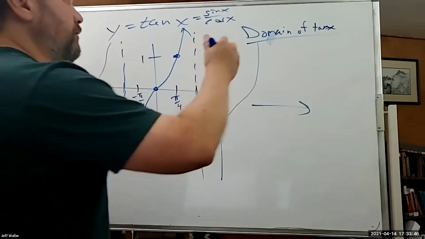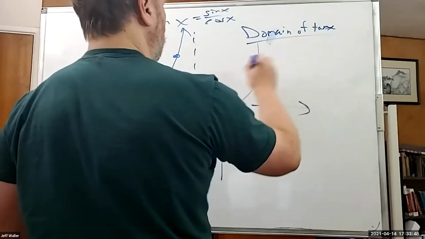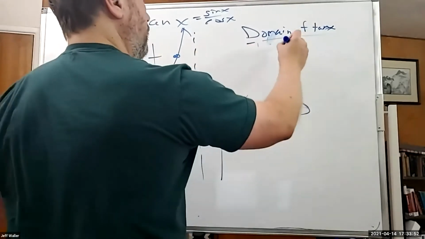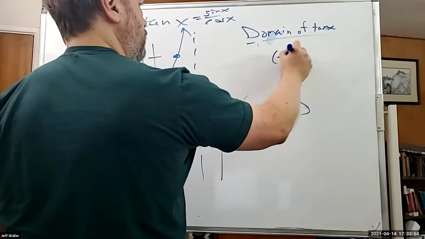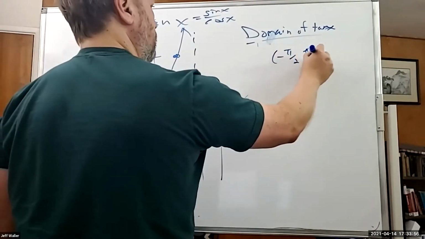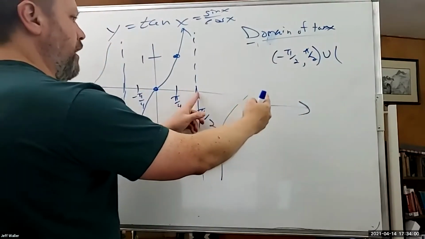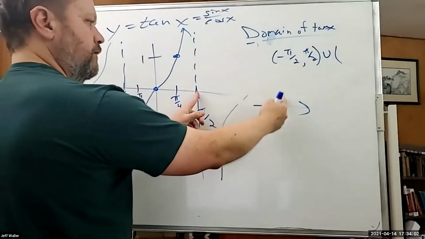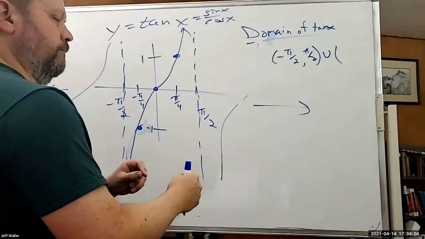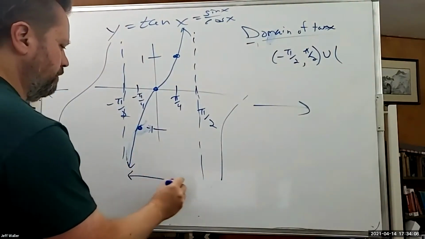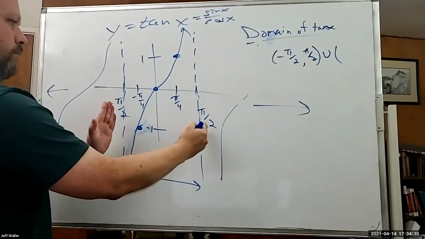So let's start from the middle and work out. In the middle, it's negative pi over 2 to pi over 2, right? And the next one over would be pi over 2 to what? What's the period of tangent? Pi.